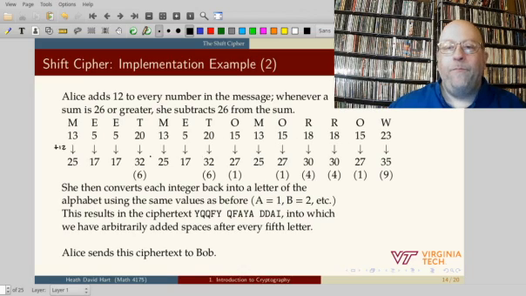But again, we have to convert these back into letters, and my letters only have numbers from 0 to 25. 32 is an overflow.